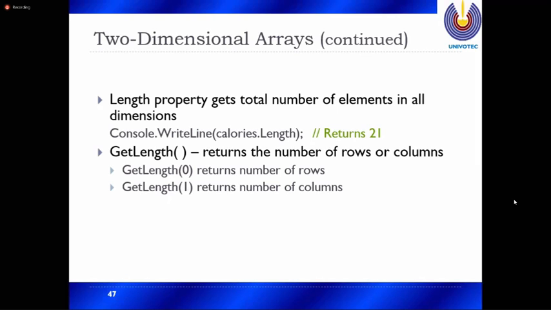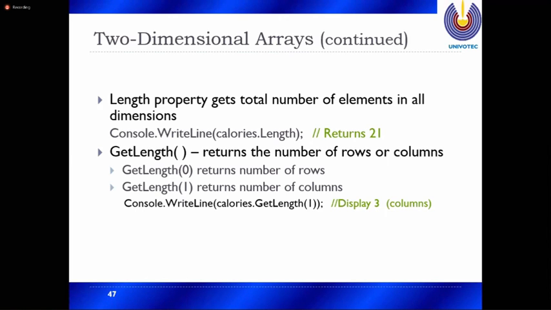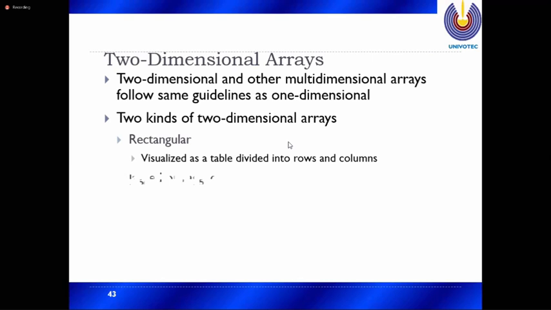Okay, length is the number of rows; the first index is 0, and the second is the column index. Because if you declare the variable as a two-dimensional array, this is the first index, this is the second.